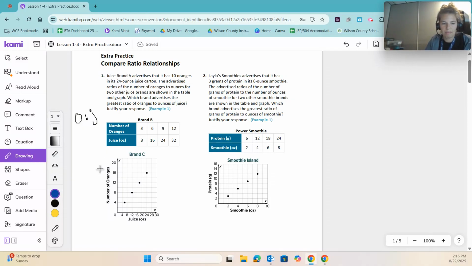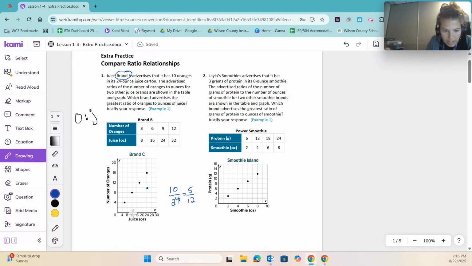Juice brand A, I'm going to use blue here. Okay, so I'm going to circle that in blue, is 10 oranges in 24. So for 24 ounces, they use 10 oranges. I'm going to plot that right here, which means if we keep that ratio of oranges to juice, 10 and 24, that's going to be 5 for 12.